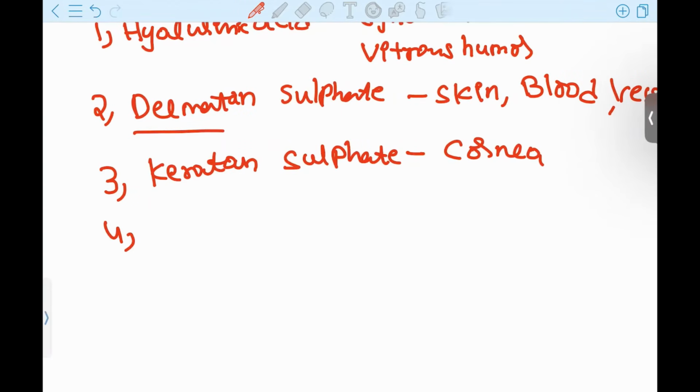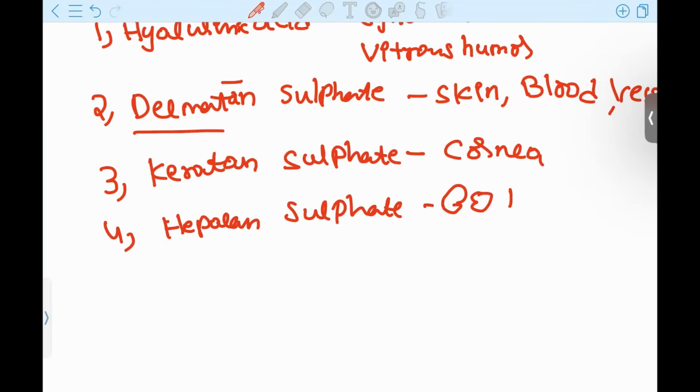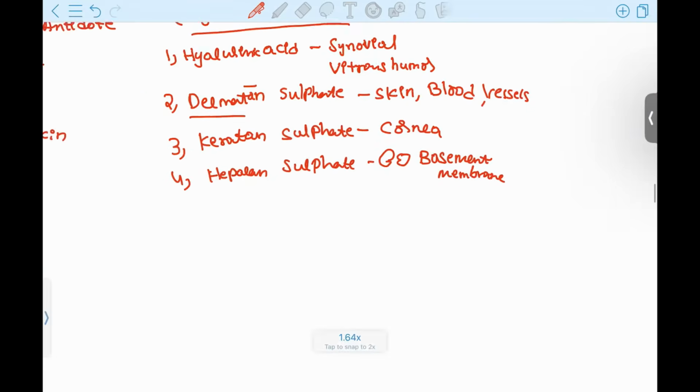The difference from dermatan sulfate is that dermatan sulfate is present in the fenestrated endothelium of the kidney glomerulus, but the specific basement membrane contains heparan sulfate. This is in your kidney's basement membrane. So this is what the glycosaminoglycans are.